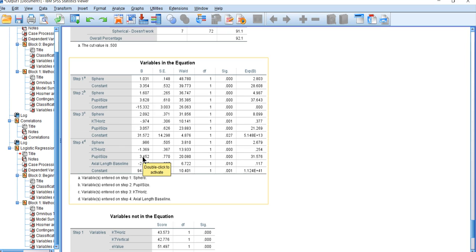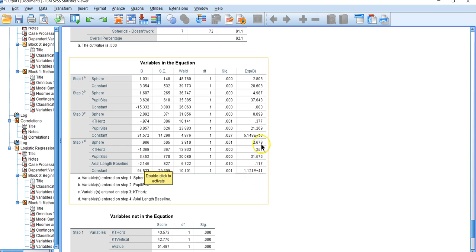The greater the pupil size, the more likely they are going to be not fitting too well. Axial length is the other way.